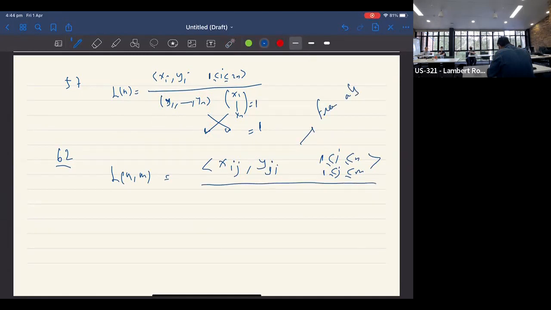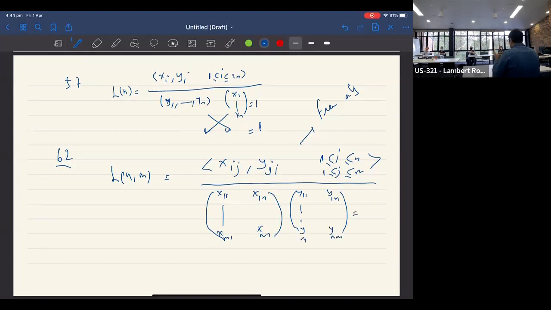And then you arrange all the x's, x_11 up to x_1n, x_m1 up to x_mn, and then here you arrange all the y's, and you make sure that it matches so that you can multiply.